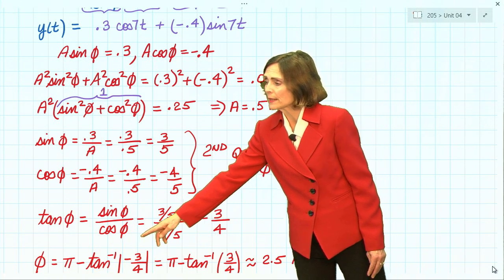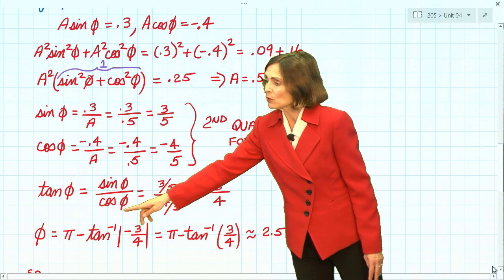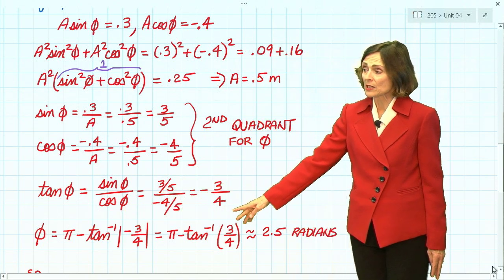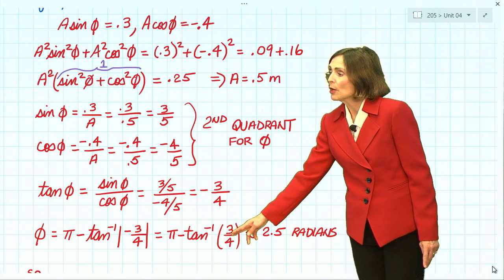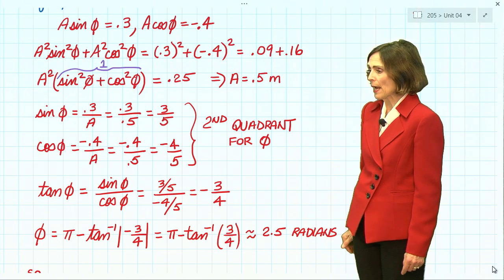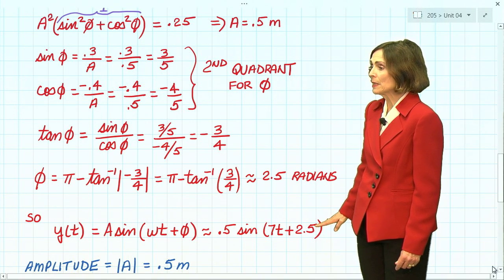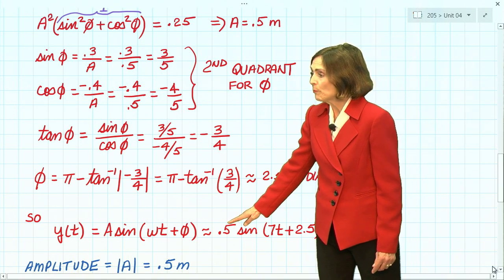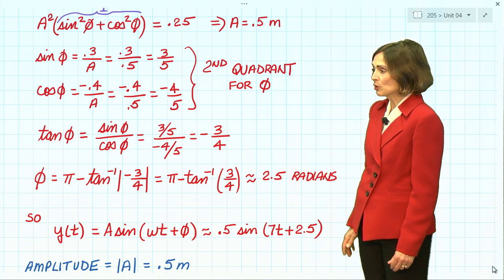Probably the easiest way to think about that in working with your calculator is to write phi as pi minus the inverse tangent of the first quadrant angle, inverse tangent of 3 over 4. That's about 2.5 radians. So a preferred form for this would be that y of t is 0.5 sine of 7t plus 2.5.